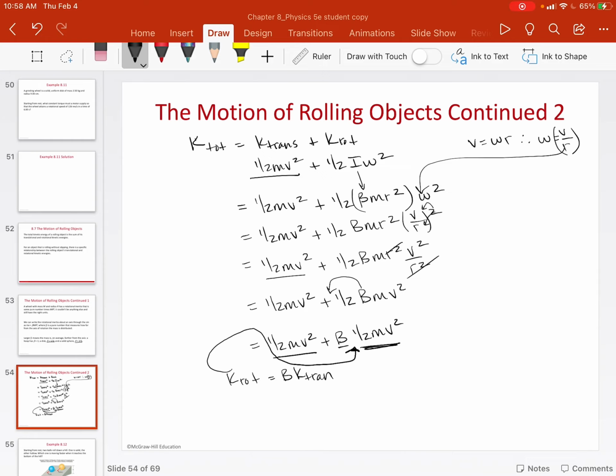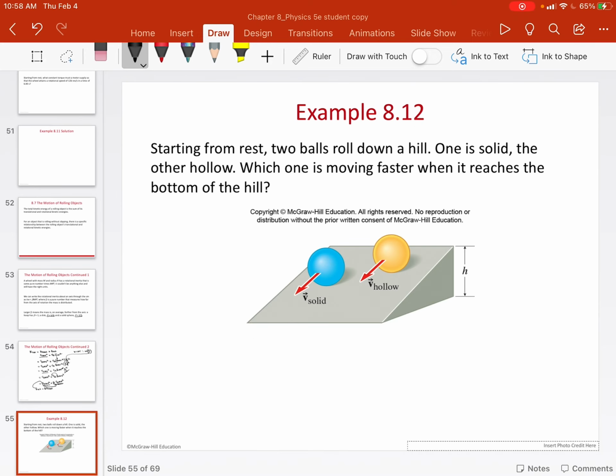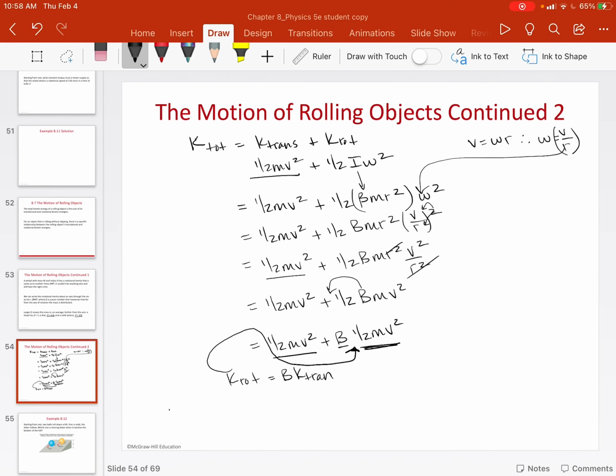Then you could say the total is (1 plus beta) times K translational.